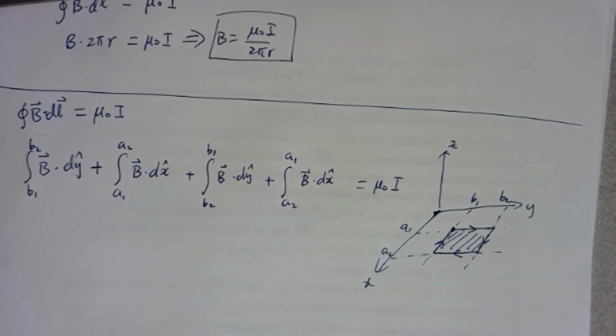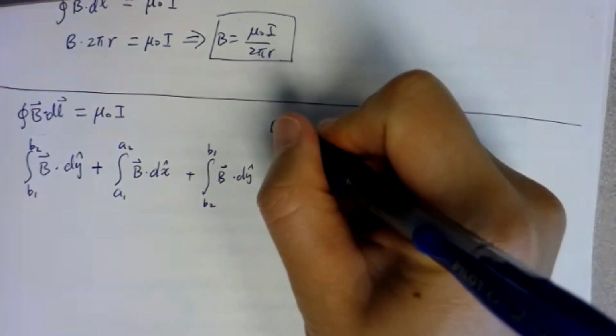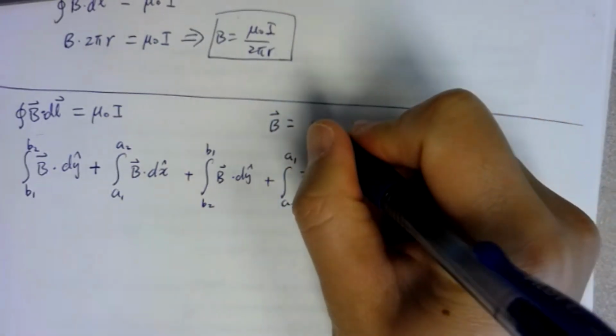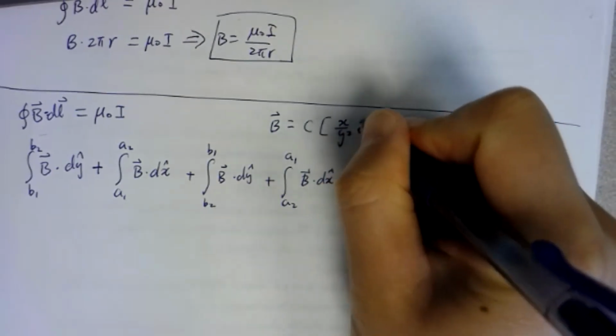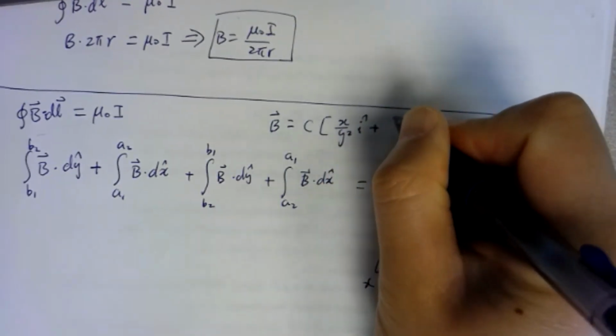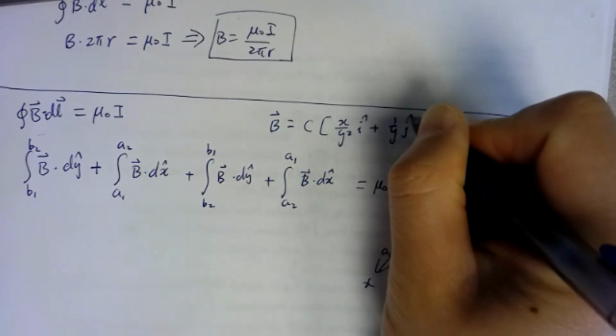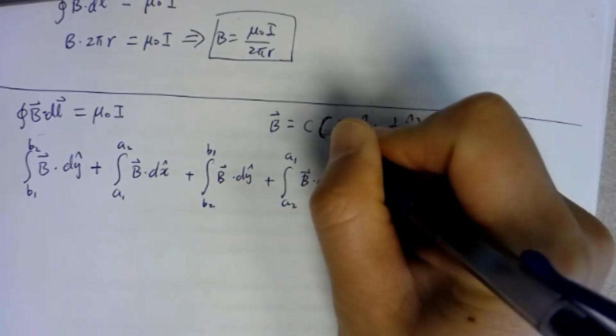For the first part, your B field is equal to C times x over y squared in the i direction plus 1 over y in the j direction.